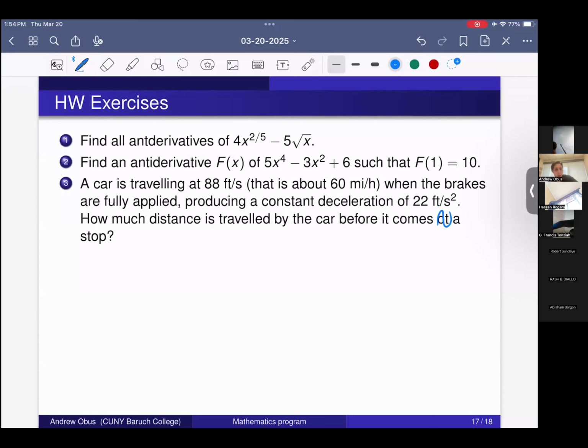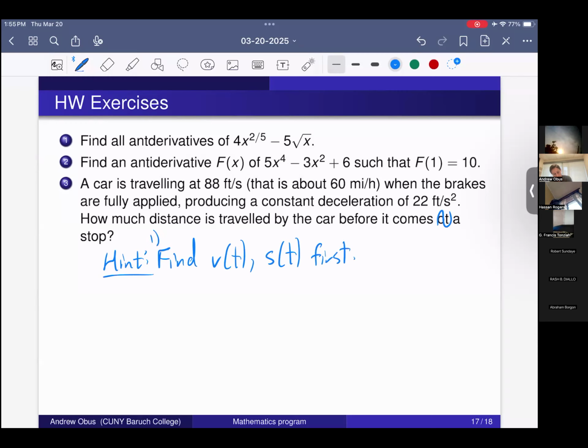This is the kind of thing that car makers need to understand: how powerful their brakes are, how long cars need to stop, for safety. So let me give some hints here. Find v of t and s of t first. That's step 1.